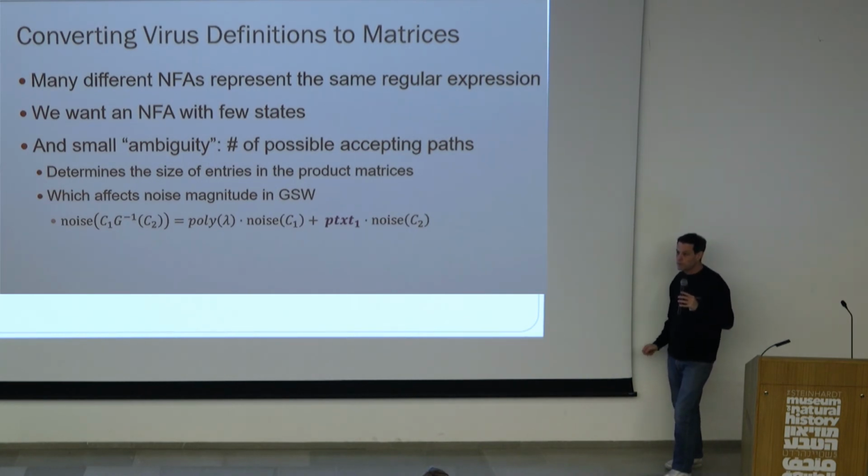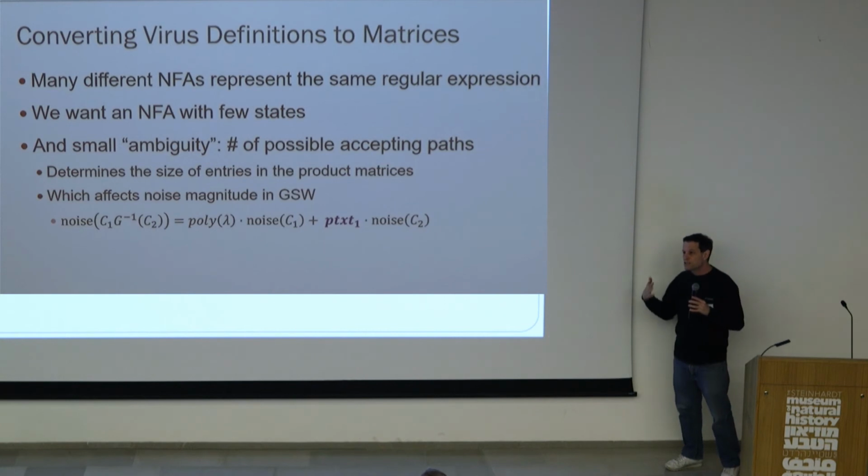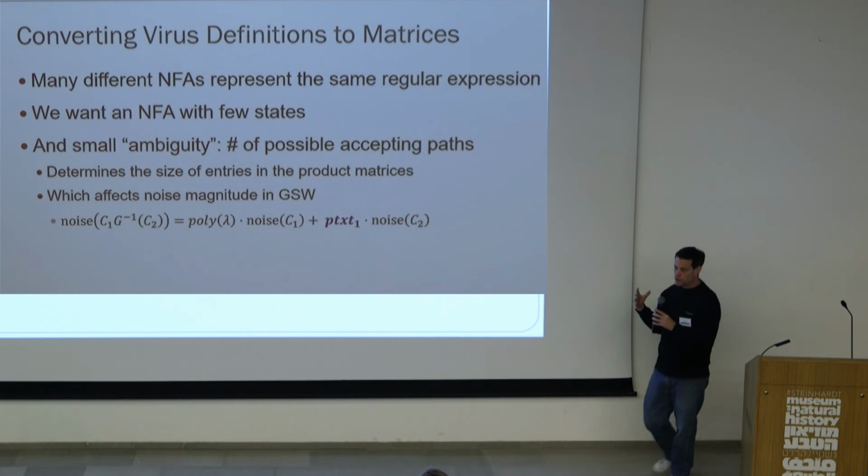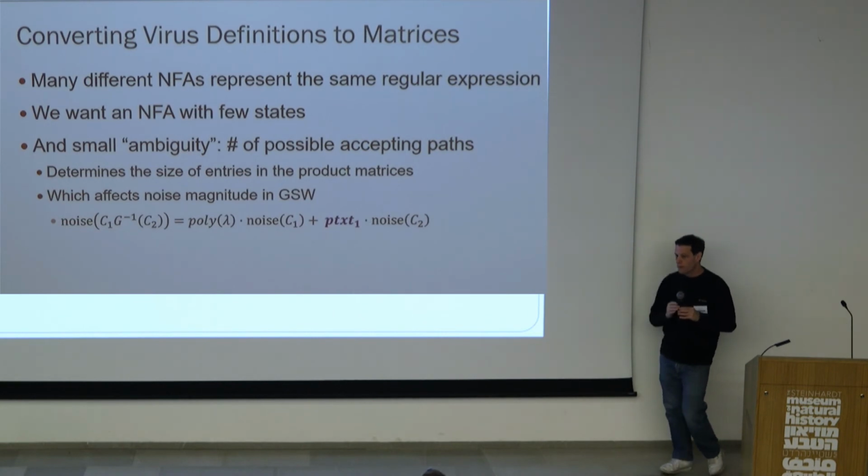The ambiguity of the NFA is how many accepted paths you have at the most. And because in GSW's noise there is a term that gets multiplied with the plaintext, and the plaintext is bounded by the largest entry in this matrix, and the largest entry in this multiplication matrix is how many paths you have, then you really want to have very few paths.